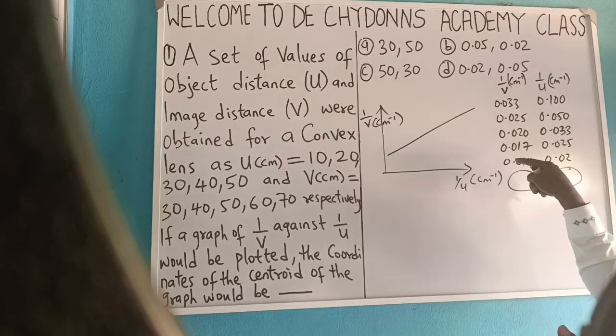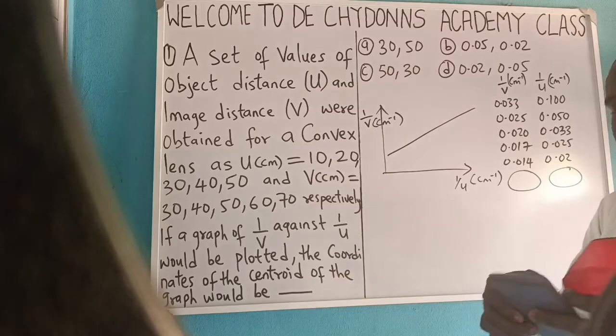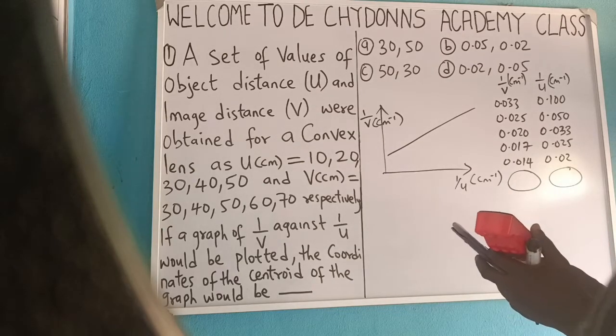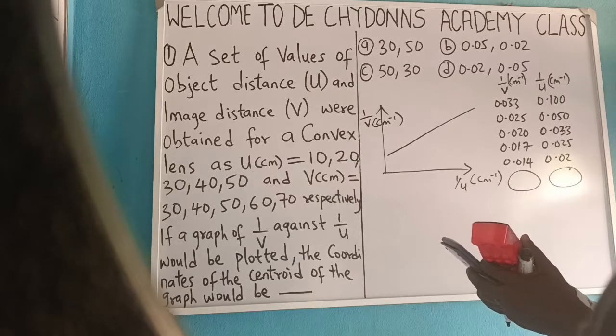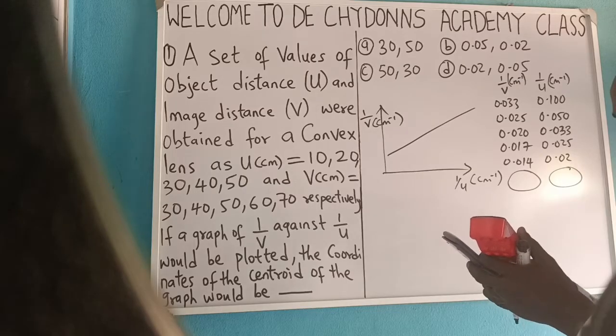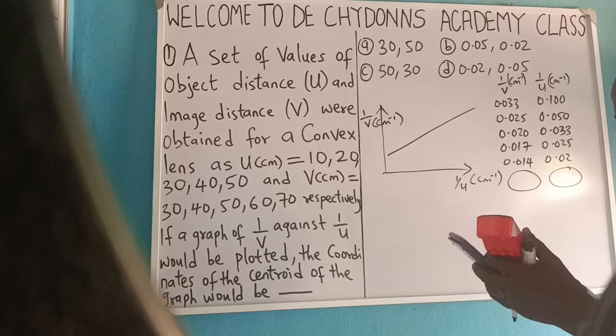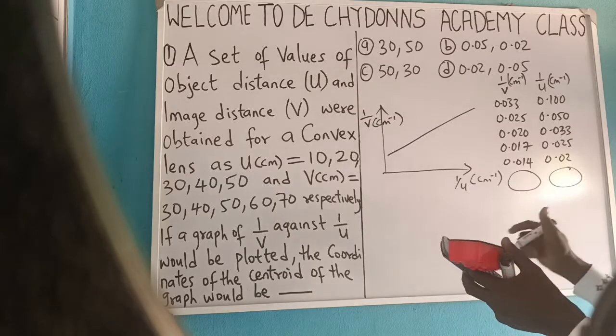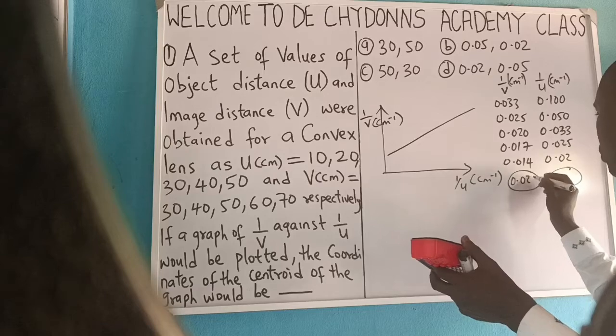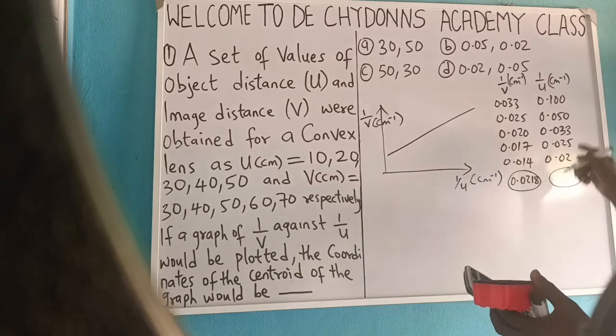Add everything and divide by 5, since there are five. 0.033 plus 0.025 plus 0.020 plus 0.017 plus 0.014, divided by 5, will give me 0.0218.